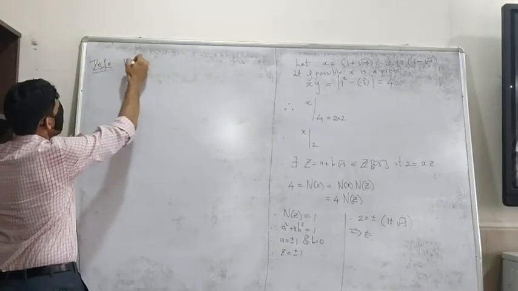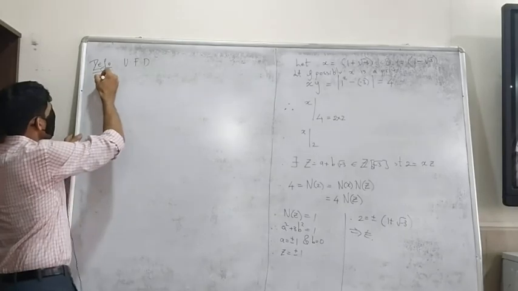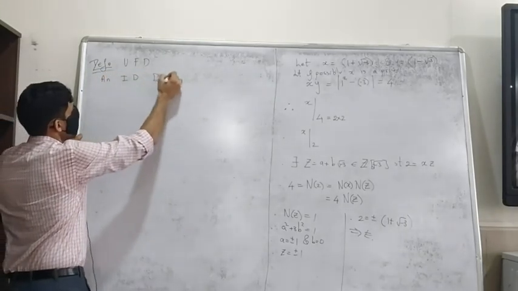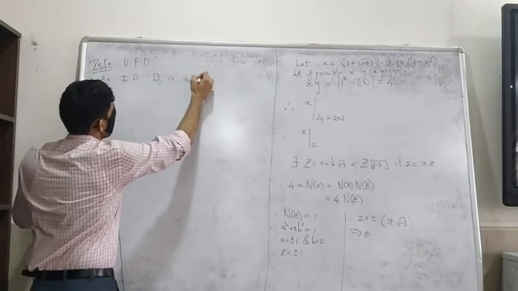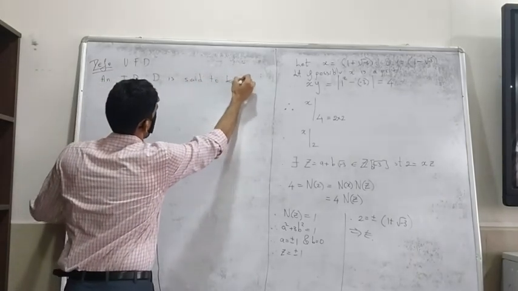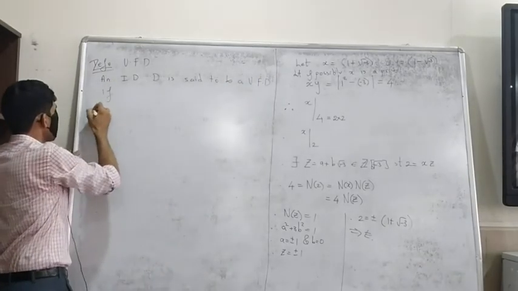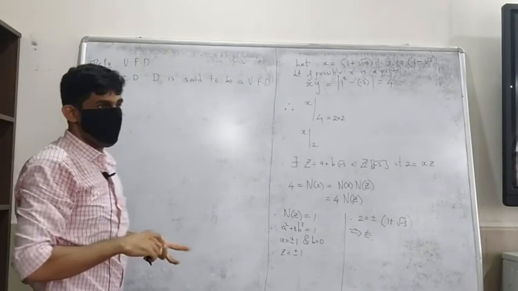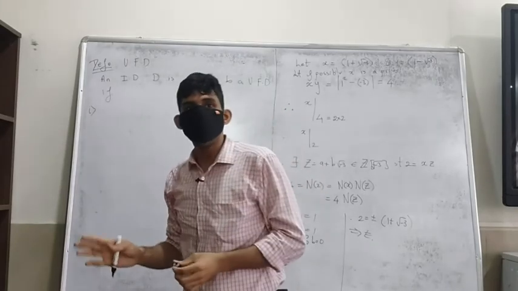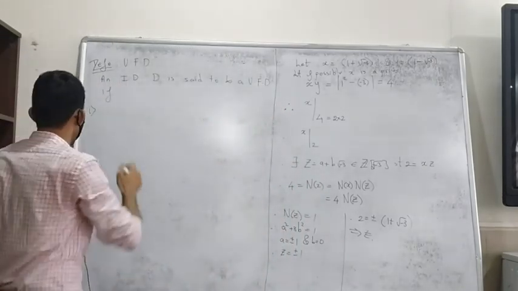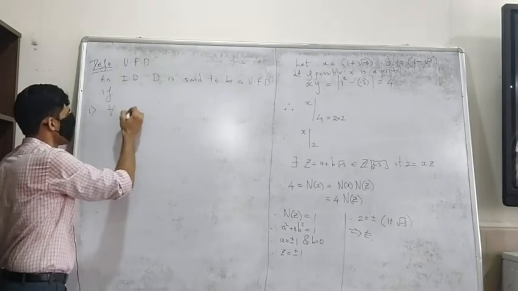So what is a UFD? An integral domain D is said to be a UFD if you have two conditions. That is, any non-unit non-zero element A in D can be written as a product of irreducibles.